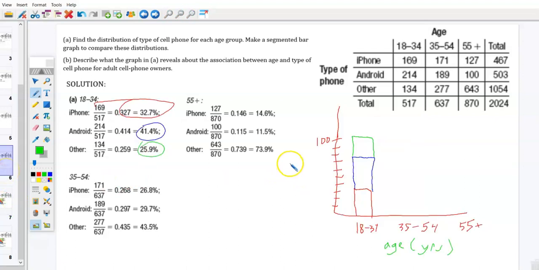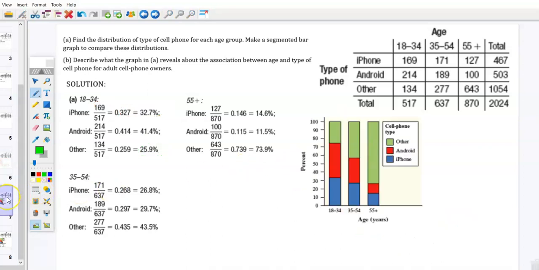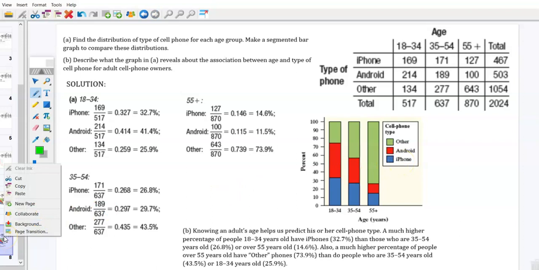So percent makes sense. The frequency of that happening, but we're writing it as a relative frequency, so it is a percent in that case. You notice they have another little key for the bar chart because it's color coded. In this case, green was other, Android was red, and iPhone was blue. Whatever colors you used, put that out there as well.